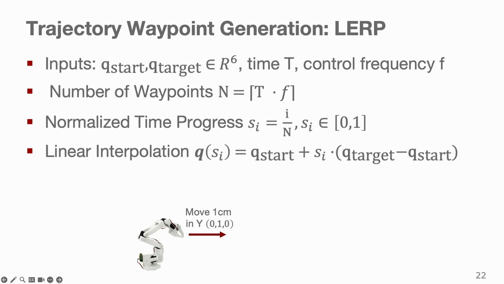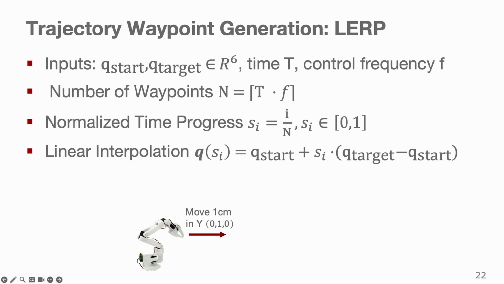Then we calculate how many waypoints or discrete steps we need to take, and we just interpolate. We care about this because, as I said before, for the policy we will have to use some sort of waypoint generation to interpolate to the target poses our policies produce.